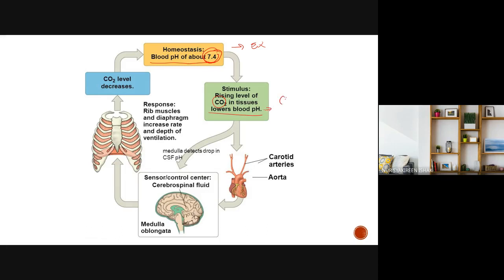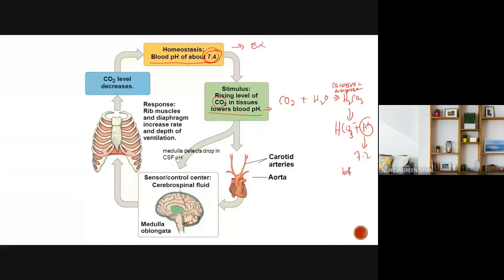From the reaction just now: carbon dioxide plus water produces carbonic acid, H2CO3. Remember this formula? Carbonic anhydrase. It will dissociate into bicarbonate ion plus H+. So this will lower the pH to 7.2, for example.